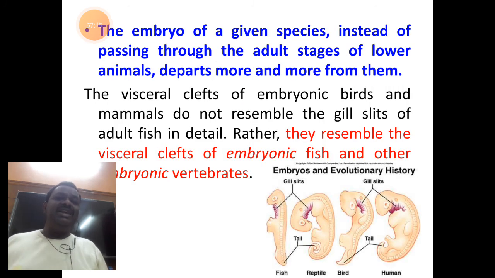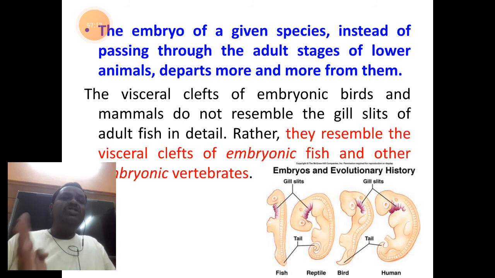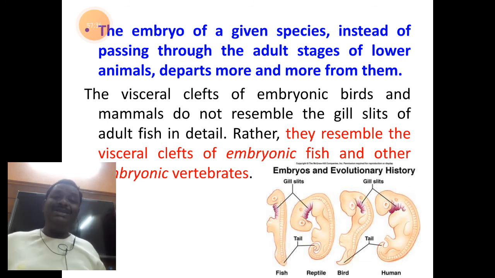The next postulate is that the embryo of a given species, instead of passing through the adult stage of lower animals, departs more and more from them. What does it mean?